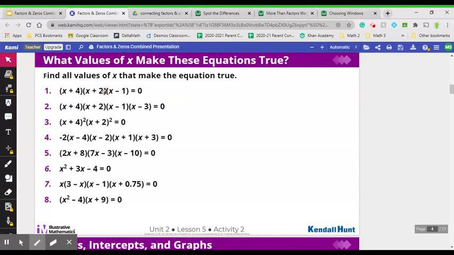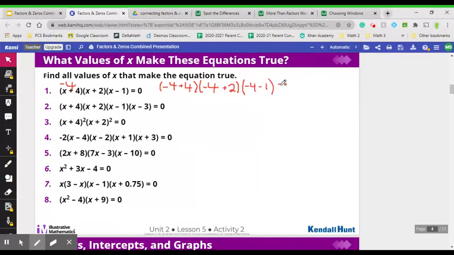For this particular problem, number 1, I can find three different x values that would make the whole function equal to 0. The first one would be -4. If I put -4 into all those x's, I would have -4 plus 4, and then -4 plus 2, and then -4 minus 1.